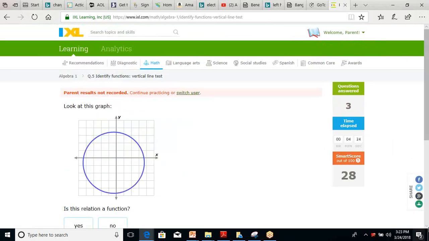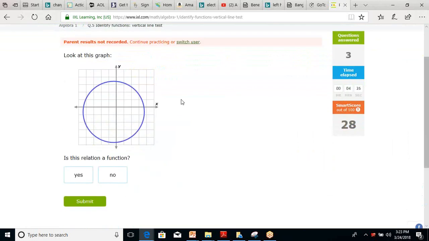So is this relation a function? Take x 2. At x 2, you'll have a point right there, and you have a point down there. So it's not a function because each x value is going to have more than one y value, right?